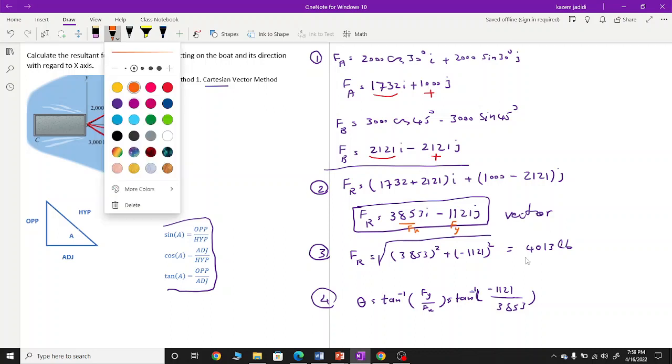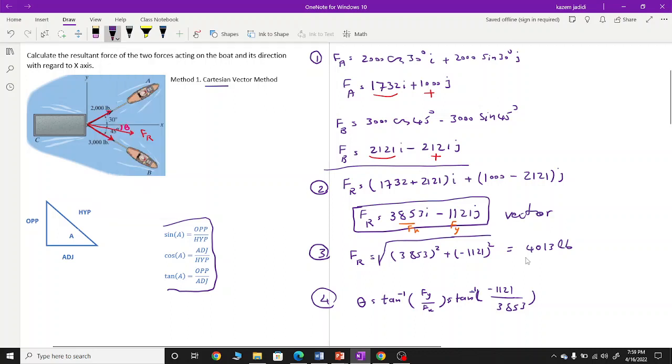If you solve this equation, it's going to give us theta, which is negative 16.2 degrees. That negative shows that it's acting in the opposite direction, and you can see that this is our Fr and that's the theta that we calculated.